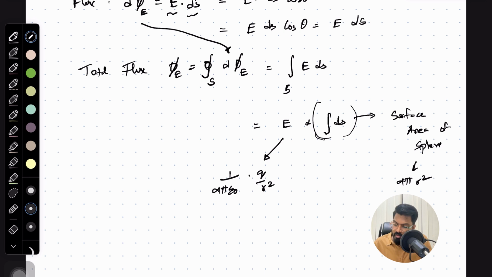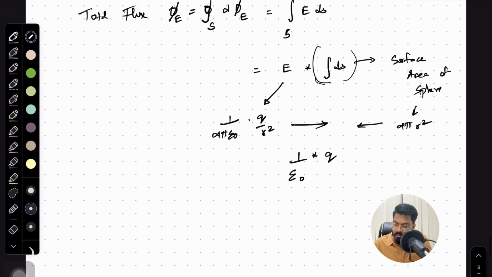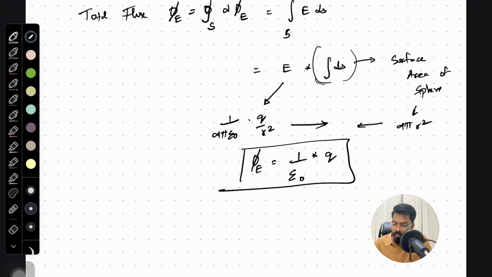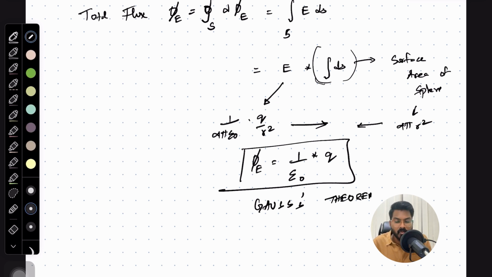When you bring these two together, you'll be left with only 1 by epsilon naught into Q, which is nothing but our Gauss theorem.